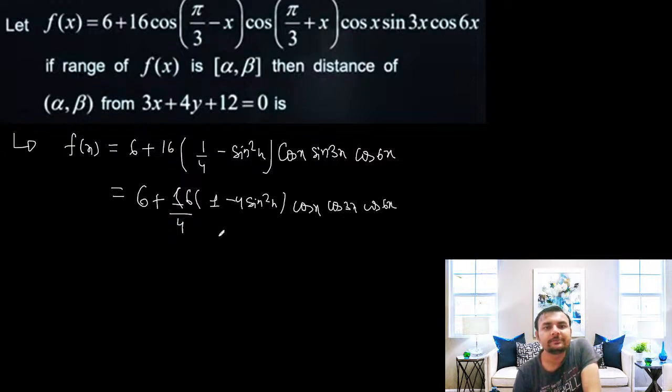Okay, this is 6 plus 4. This is 1 minus cos square x. So this is 4 cos square x minus 3. If you multiply cos inside, it is cos cube x, 3 cos x. So it is nothing but cos 3x. And we have cos 3x here.